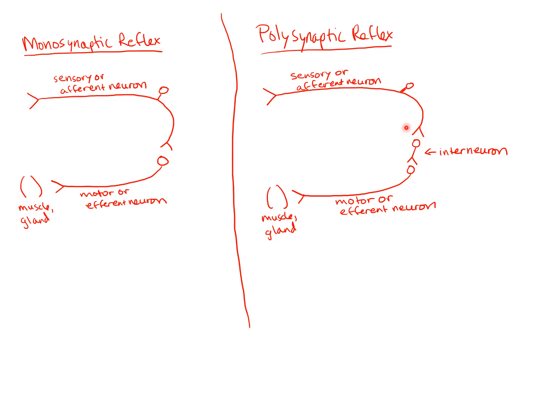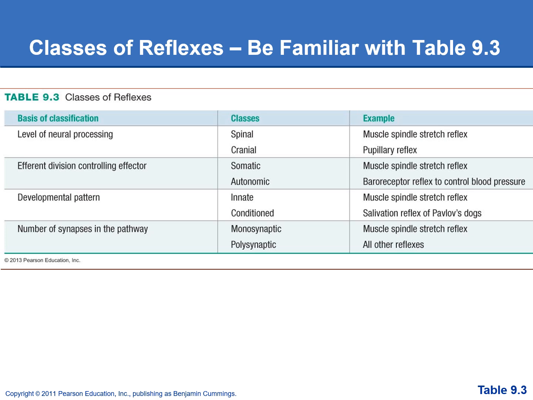So you can see there's one synapse here, and then there's a second synapse right there. So there's this inner neuron that is in between the sensory and the motor neuron. And remember, the inner neurons are found in the central nervous system, so they'll either be in the brain or the spinal cord. So this just summarizes the different ways to classify the reflexes, and we'll be talking about these as we go through.